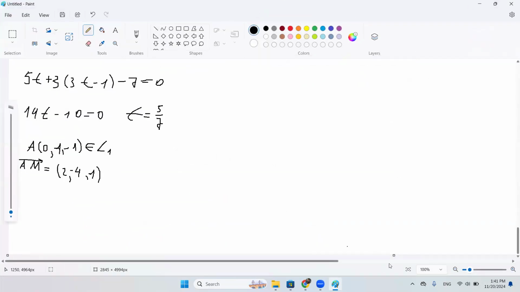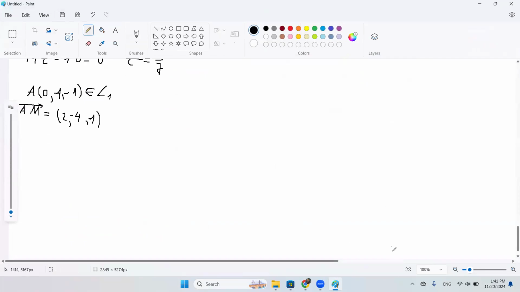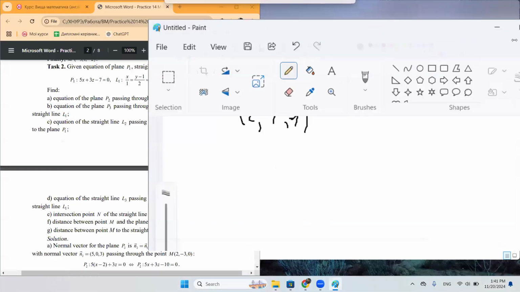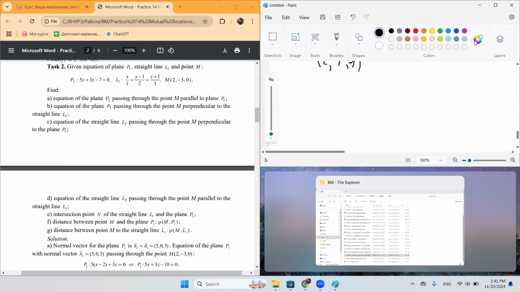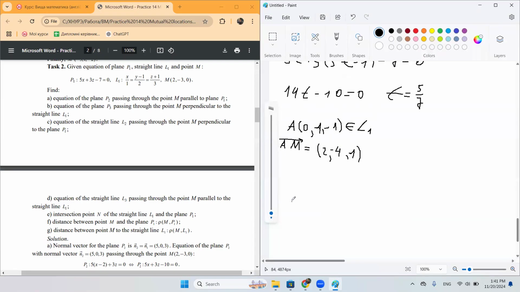Again, running out of space for creativity. So, large task. So we need to, first of all, find the cross product of the direction vector S1 and this vector AM.